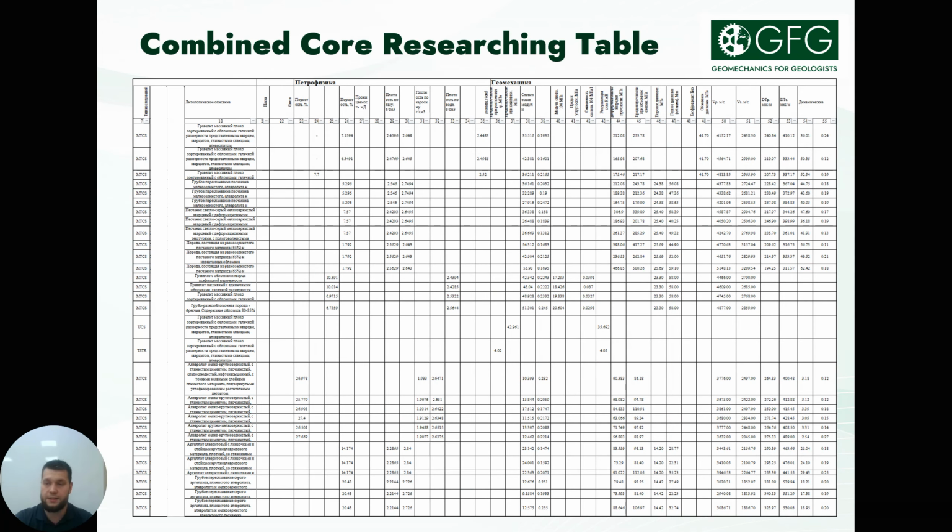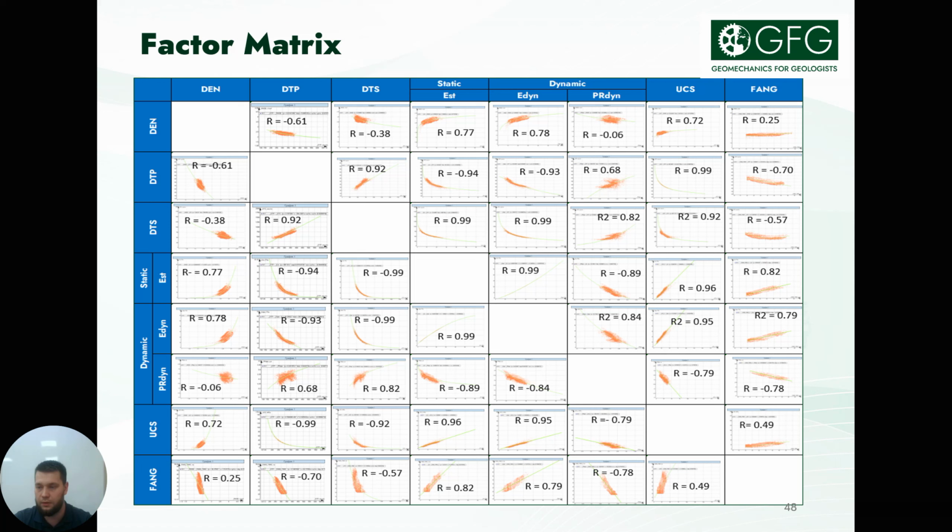The core analysis is the next part of our discussion for today, the next topic, and core analysis should start with the combined tables. An example of such tables is shown on this slide. As a rule, they combine all the data of all core investigations, including geomechanics, petrophysics, geochemistry, and other methods.